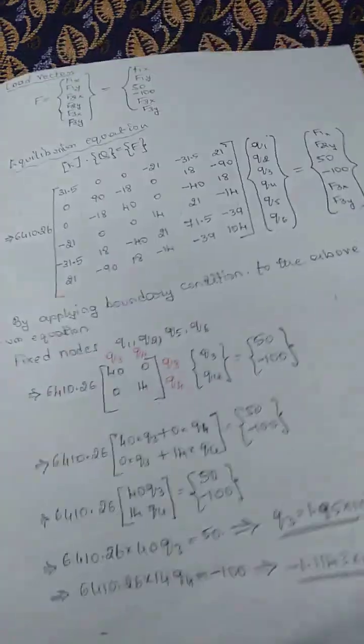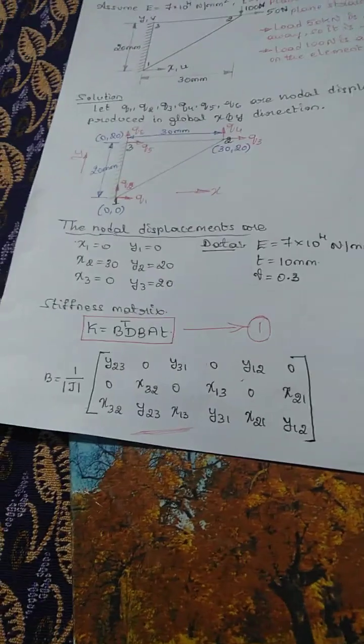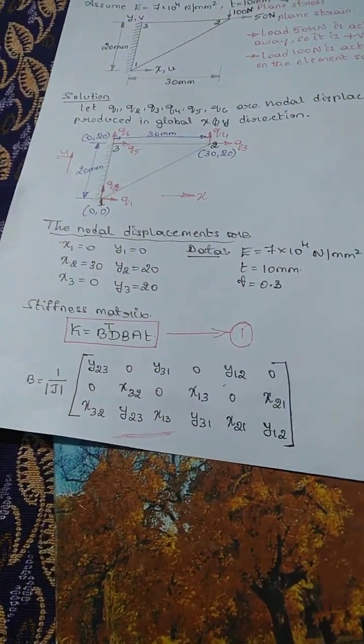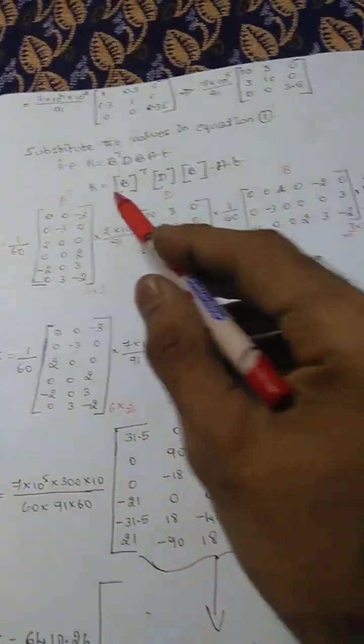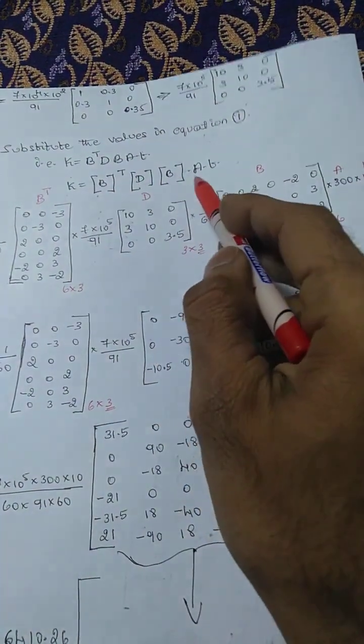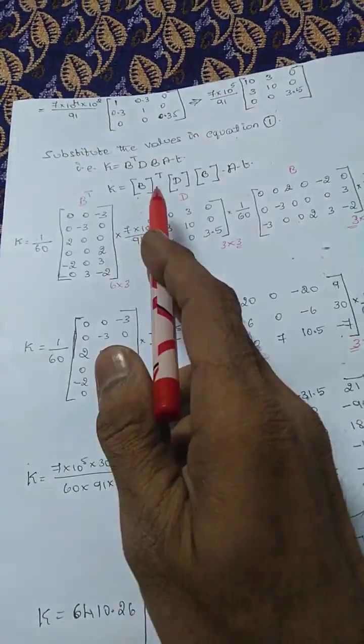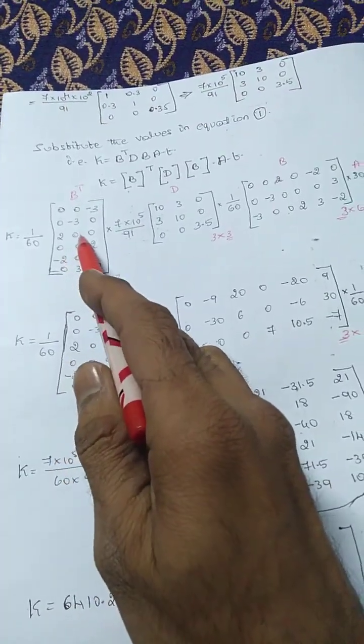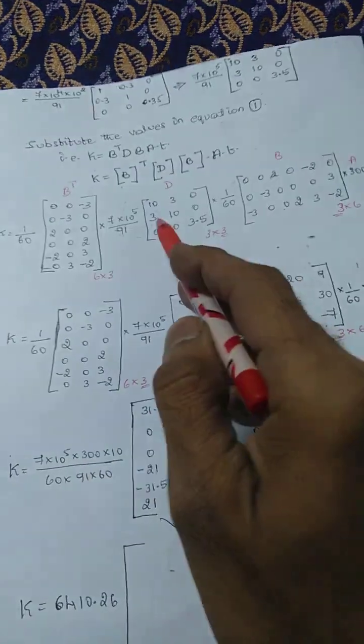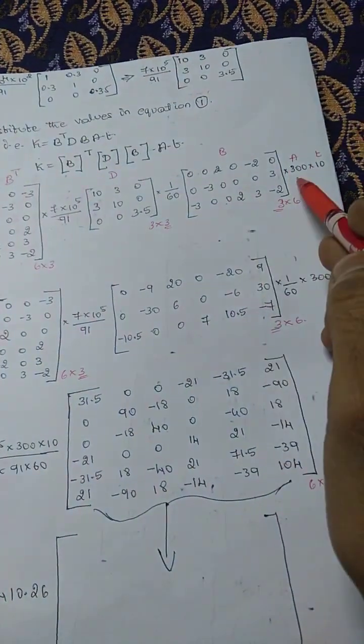Equation 1 we have given, I have here, this is equation 1. Now we have to substitute values, all values, B transpose D B A t, all values we are having. So start substitution, this one, B transpose of B D B A t.